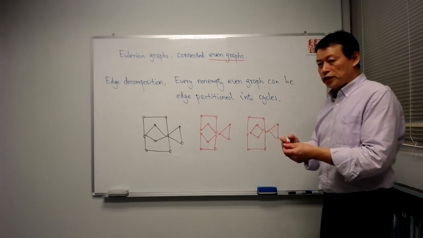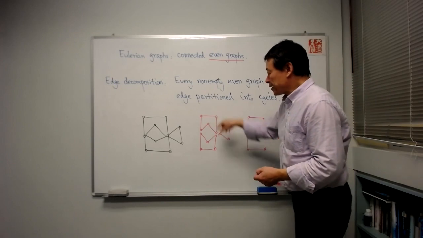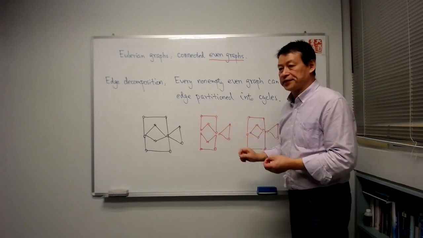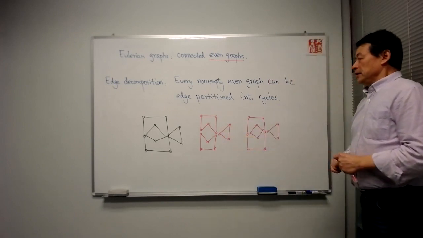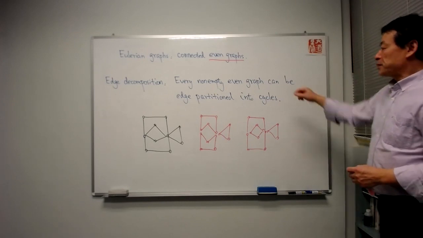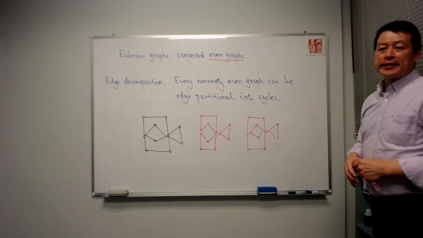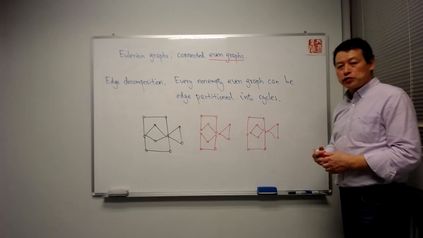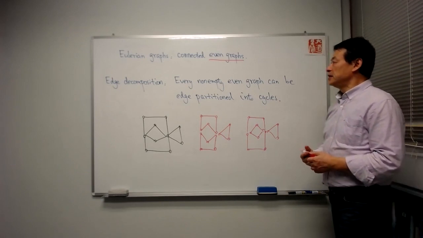So it's an edge partition. But these 3 cycles share no edges, though they may share vertices. So this actually means every even graph can be obtained by an edge disjoint union of cycles.